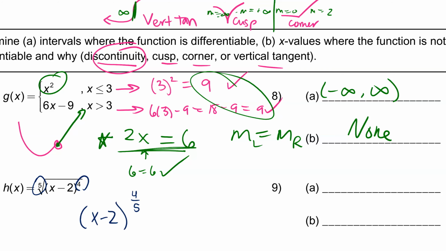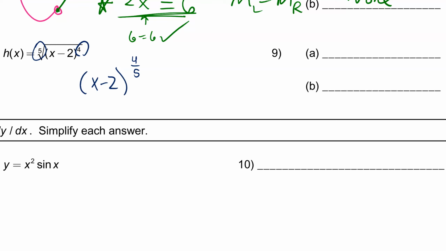So, 4/5. Yep. So if I don't just have a nice 5th root or 3rd root, but have this other fraction, this is actually going to look like what? It's going to look like a cusp. Oh, a fraction is a cusp?